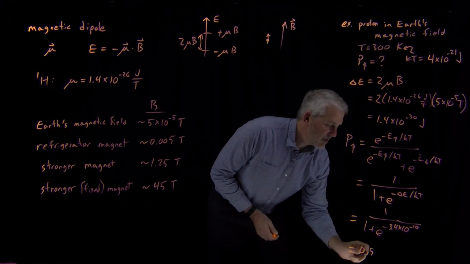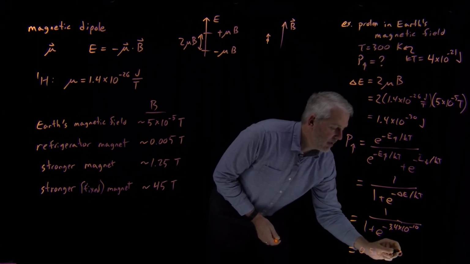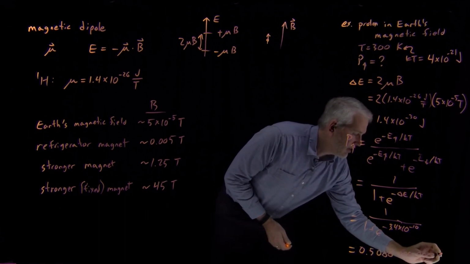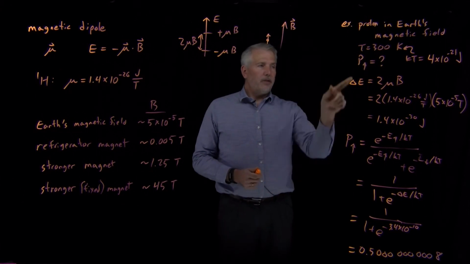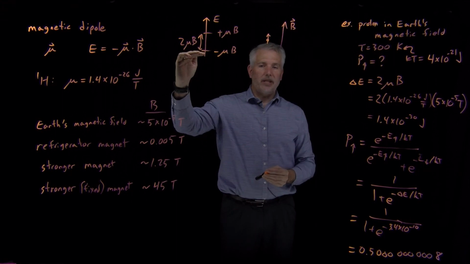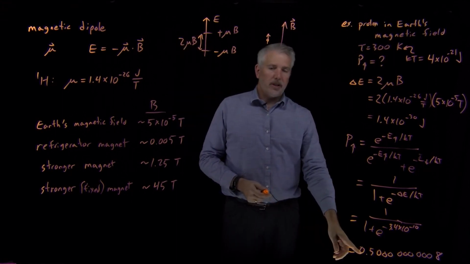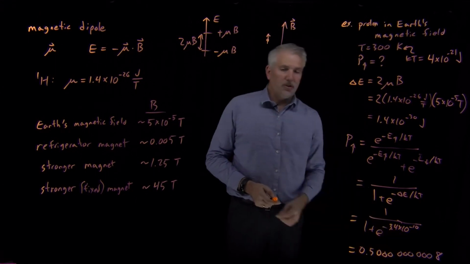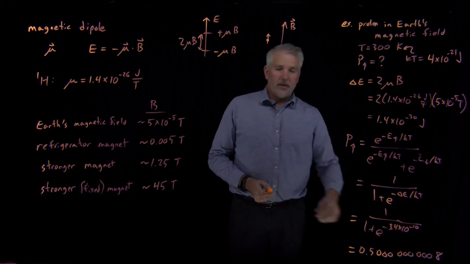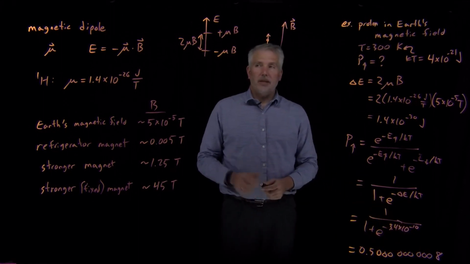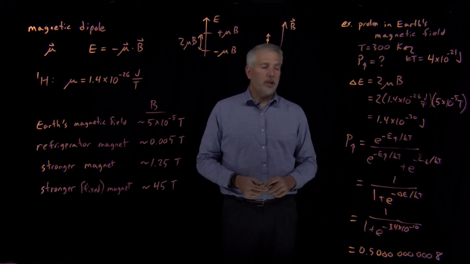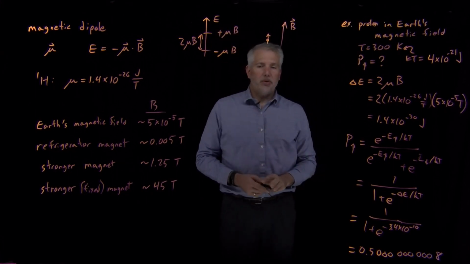So when we compute this with the correct number of sig figs, the fraction of proton nuclei that are in the spin up state, which is slightly lower in energy than the spin down state, is not exactly 50%, but is 0.5 followed by 9 zeros, and then eventually we see an 8. So 0.5000008 of the nuclei are in the spin up state, and 0.499999992 of the nuclei are in the spin down state, opposed to the field.